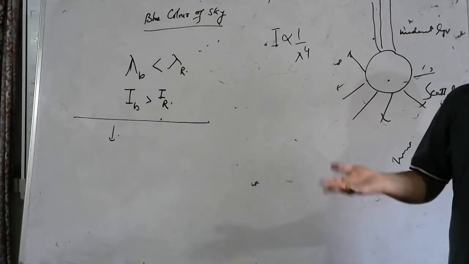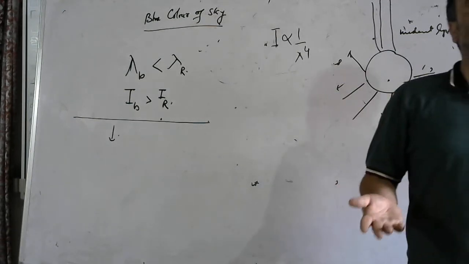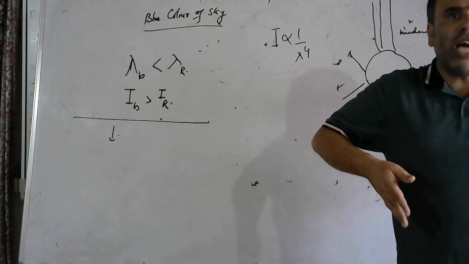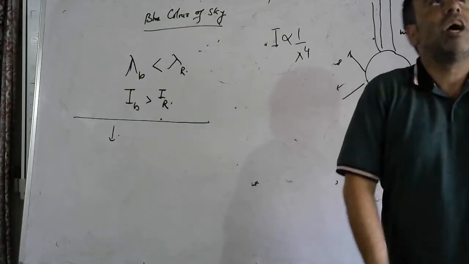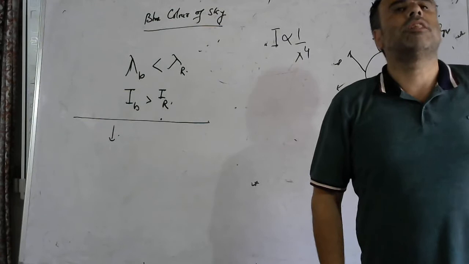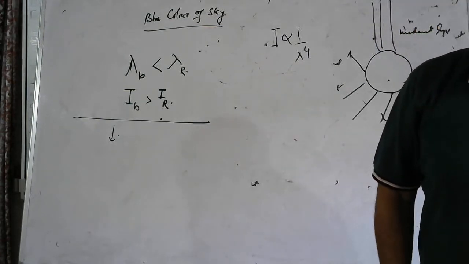When there are no scattering particles, there is no scattering of light. In that case, the white light will come straight down. If you look up at the sky, that will appear black in color.